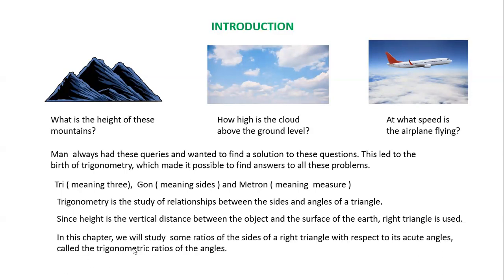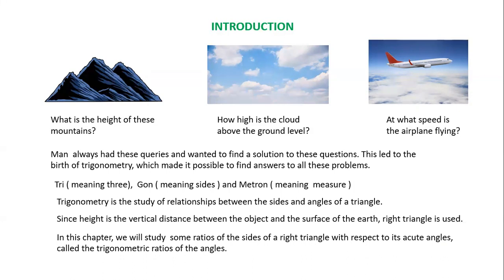So in this chapter, we will study some ratios of the sides of the right triangle with respect to its acute angles called the trigonometric ratios of the angles. So the whole chapter is based on these ratios. There are 6 ratios, basically 3 fundamental ratios and 3 are the reciprocals of these fundamental ratios.